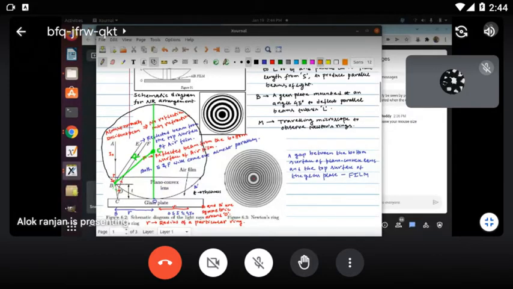So this is C, and I can draw a chord that should be perpendicular to this diameter, B to B prime.